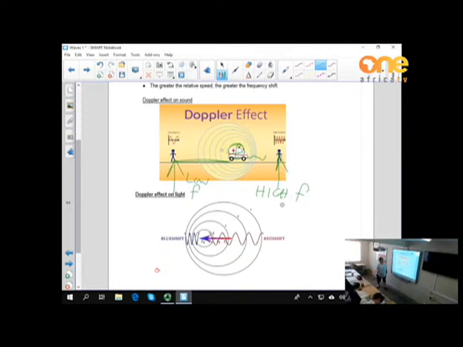If I am standing far away from this object and it's approaching me, I hear a higher frequency. When it passes me, I hear a lower frequency. Now, that is the Doppler effect.